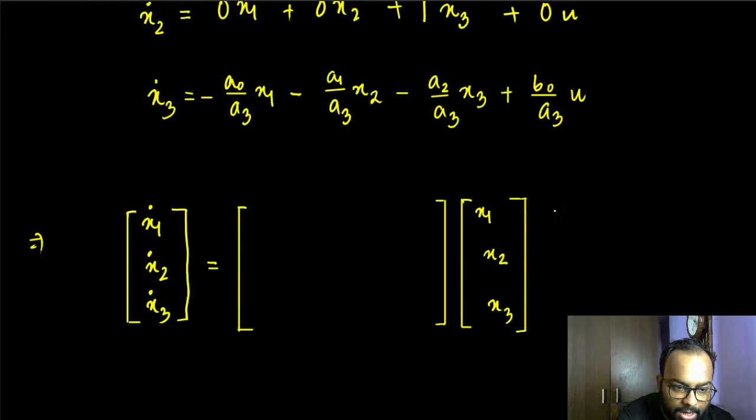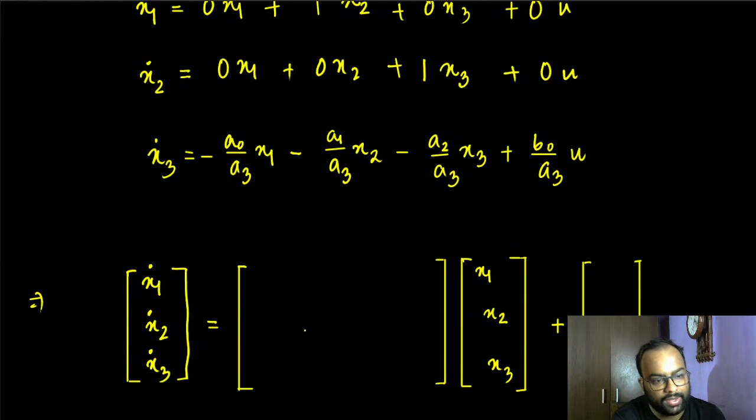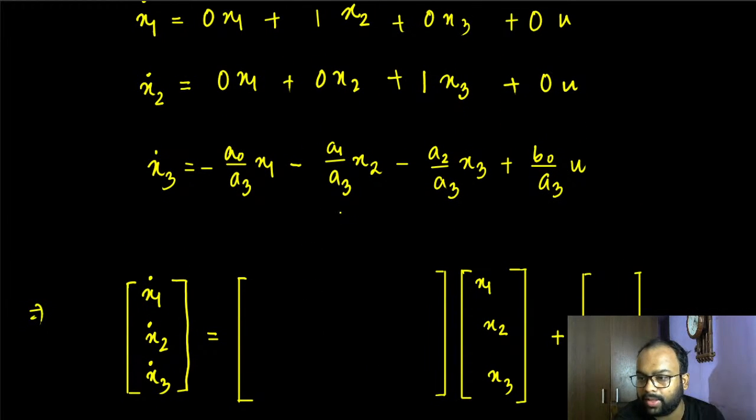I believe you understand how to do matrix multiplication. And there I would have a 3 by 1 matrix multiplied with u. All right, now let's put the values here.